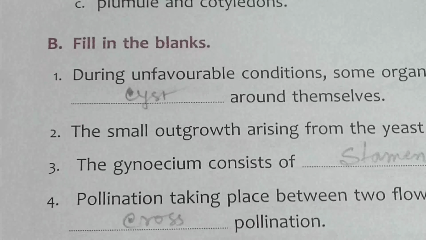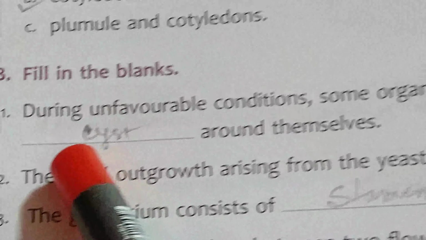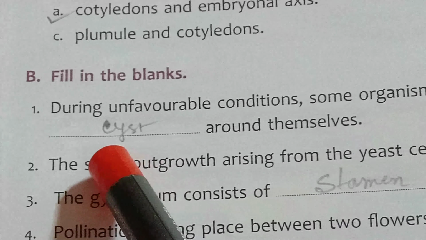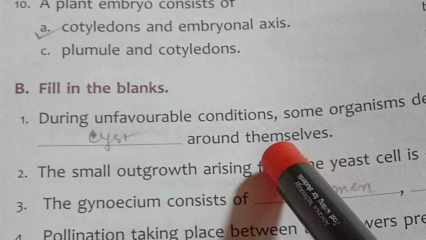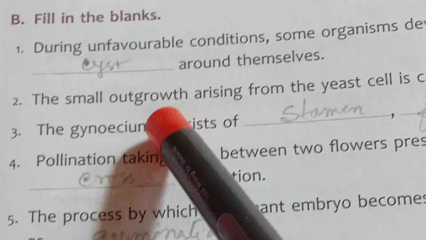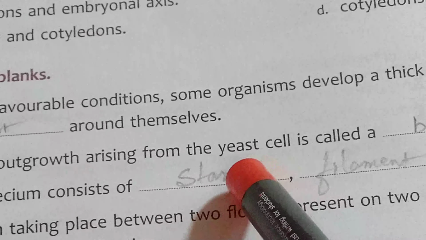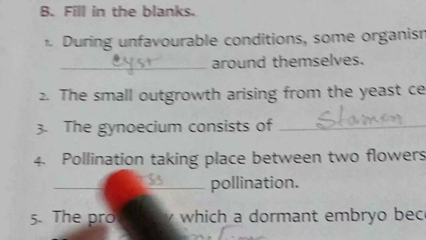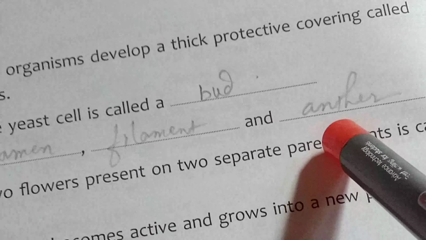Next, fill in the blanks. During unfavorable condition, some organisms develop a thick protective covering called cyst around themselves. The small outgrowth arising from the yeast cell is called bud. The gynoecium consists of style, stigma, and ovary.